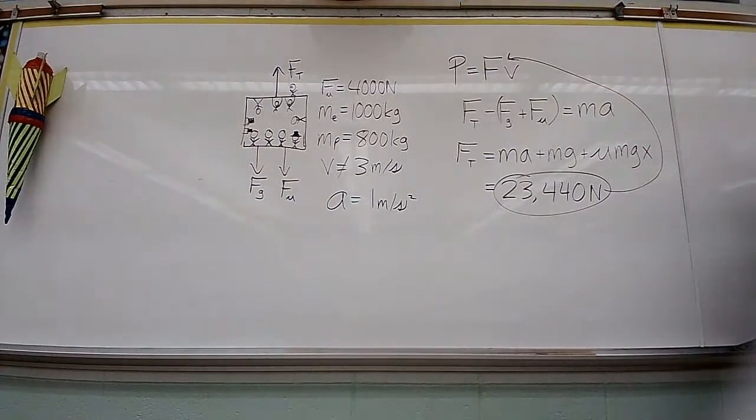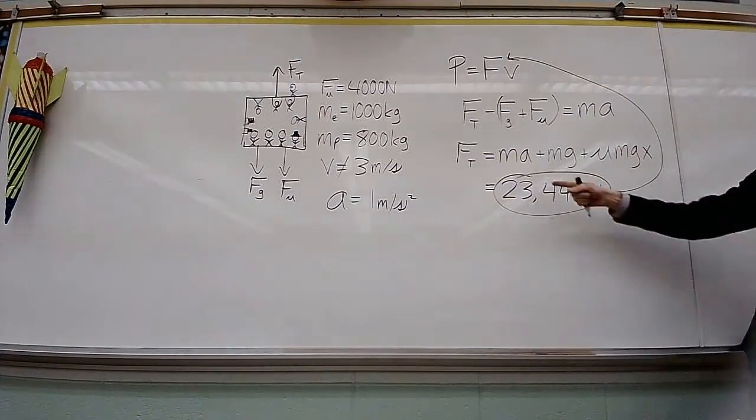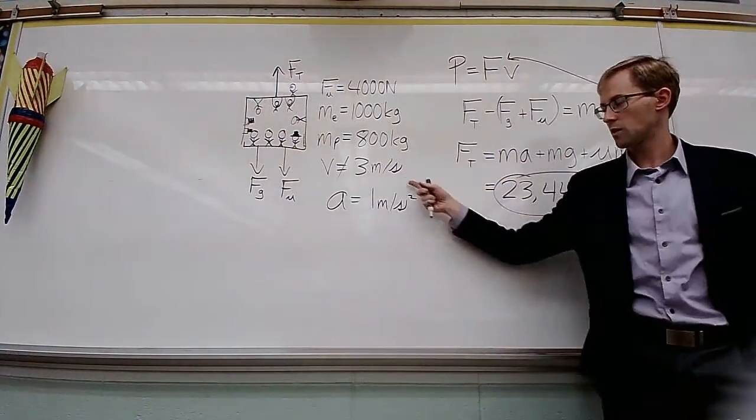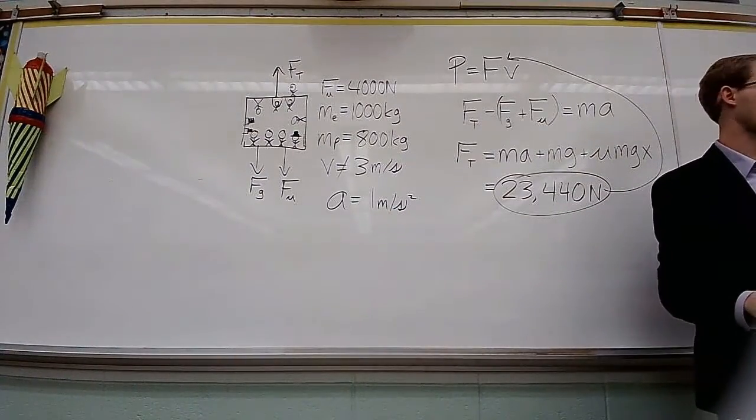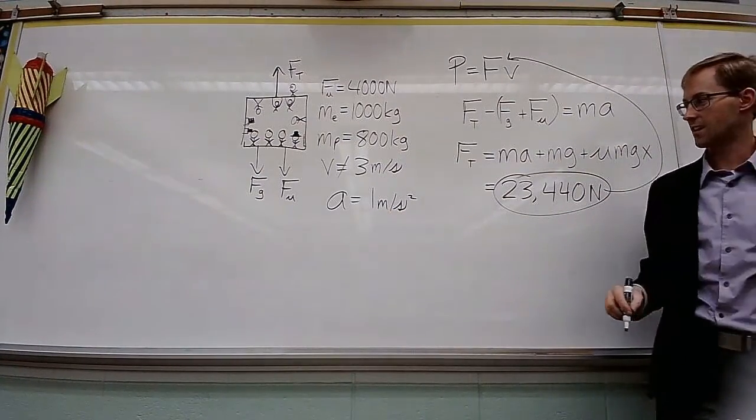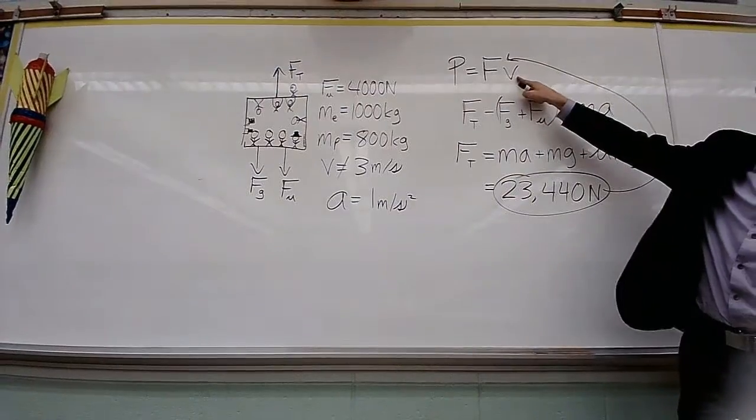So we could find our power given any velocity number. We don't have a timer or velocity or anything like that. Right. If we're accelerating, if we really wanted to, we could say 1 meter per second squared, how fast are we going after 4 seconds? And then put that specific velocity in this equation.